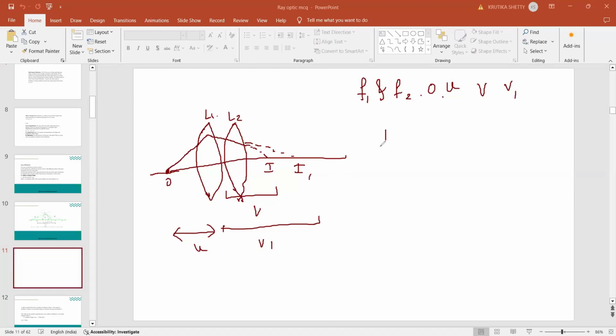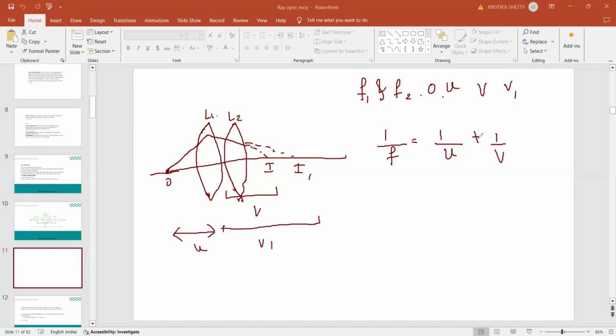We are using the lens formula, with the help of which we proceed with the steps. The lens formula is given by 1 by F equals 1 by V minus 1 by U. It is minus here, not plus.